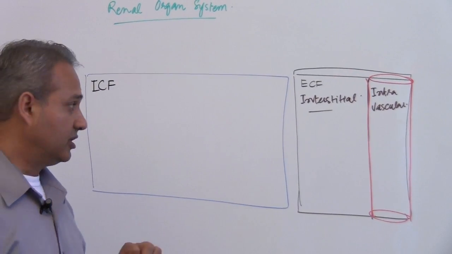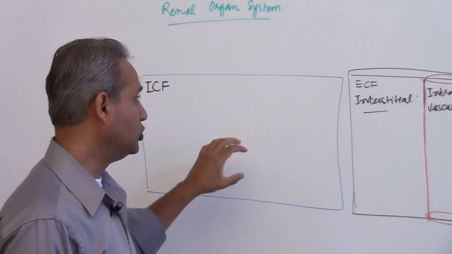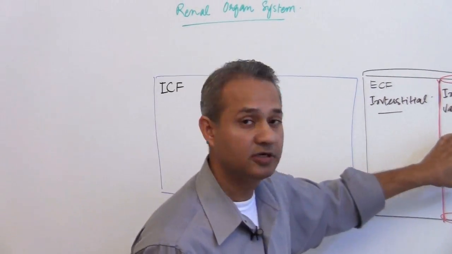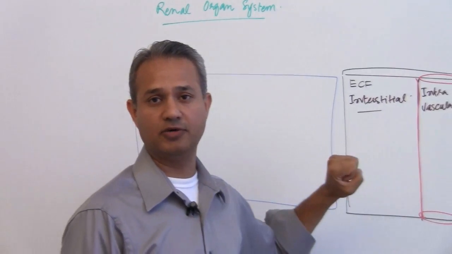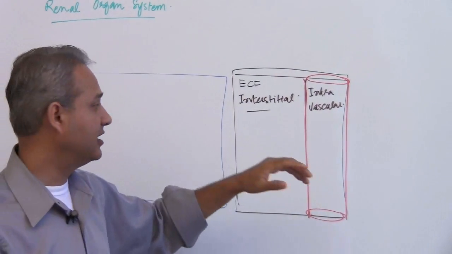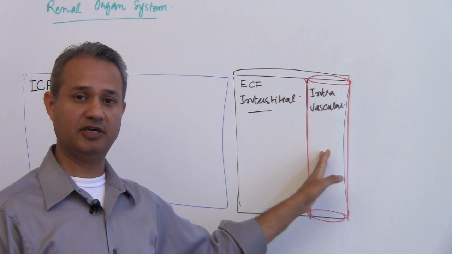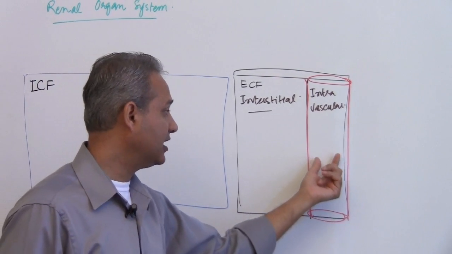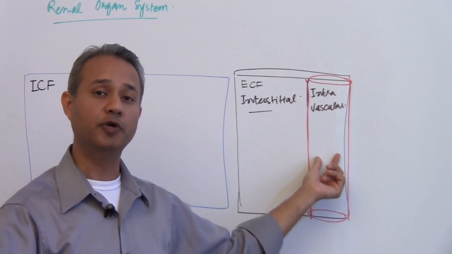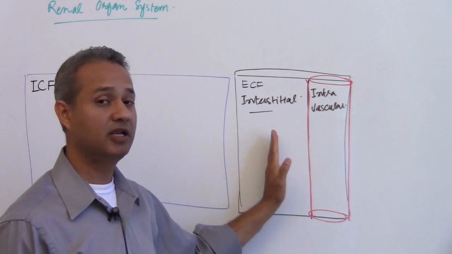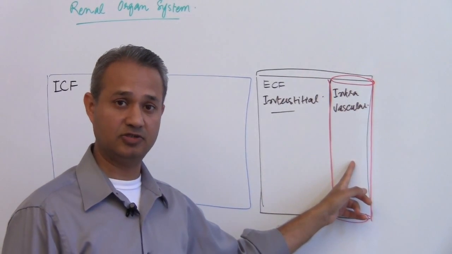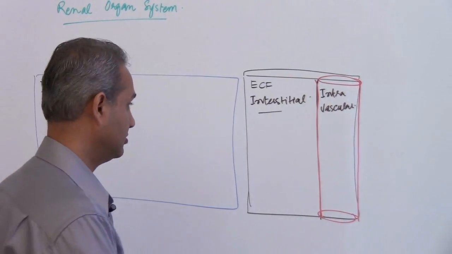Now, as a medical student, as a doctor, as a nurse, you have to understand one very important thing. What keeps the fluid in a particular compartment? So let's say I have 3 liters of plasma here. You should be able to tell me why that fluid does not just spill into the interstitial compartment and drain the blood vessels dry, or reverse.